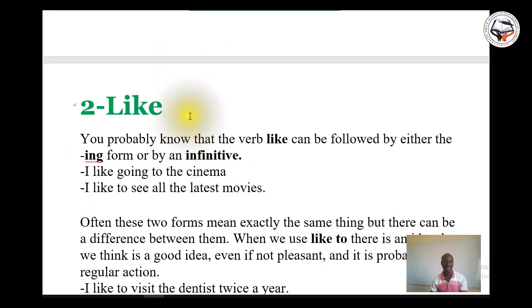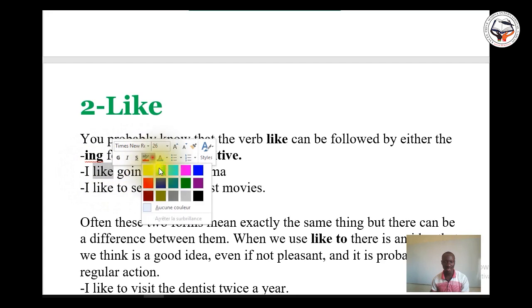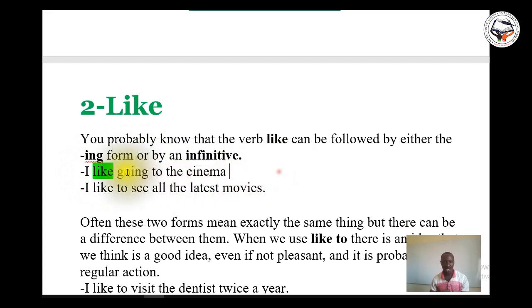Okay, so let's see quickly the second verb, like. You probably know that the verb like can be followed by either the ing form or by an infinitive. I like going.